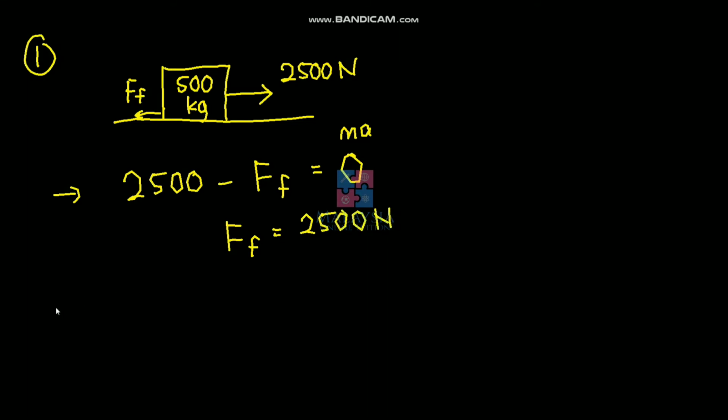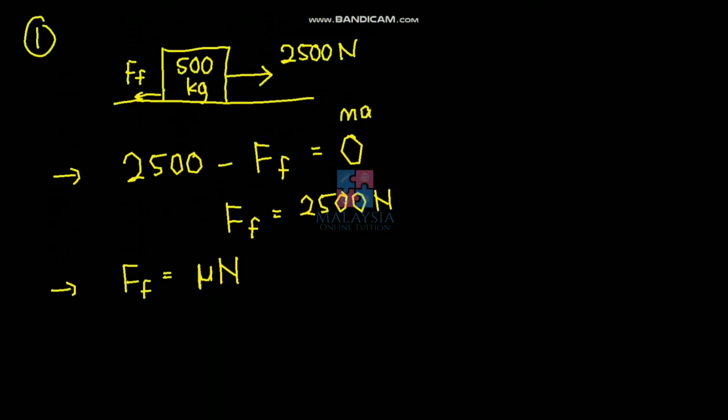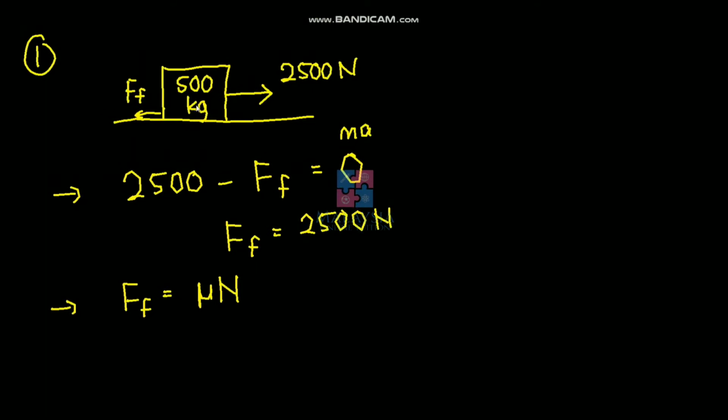Since we already know the friction force acting on this crate, the formula for friction force is equal to mu N, or you can also say mu R, depending on whether you call this normal force or reaction force. How to get the normal force? It will be the opposite of what this 500 kg is acting.